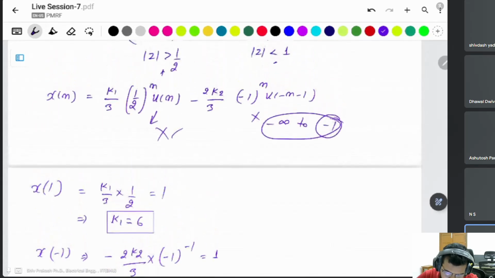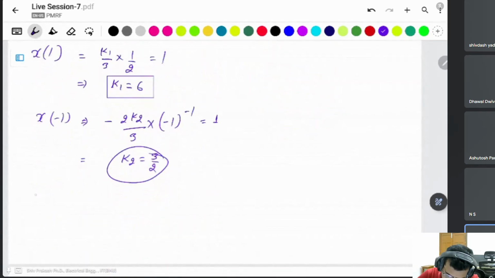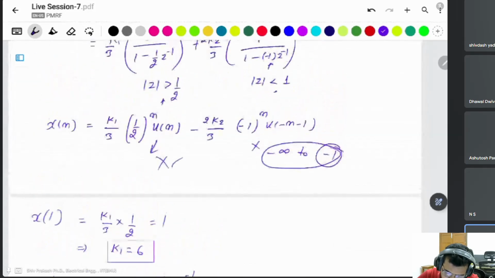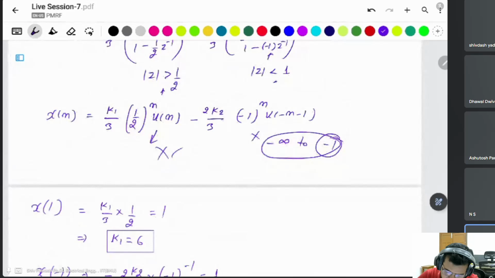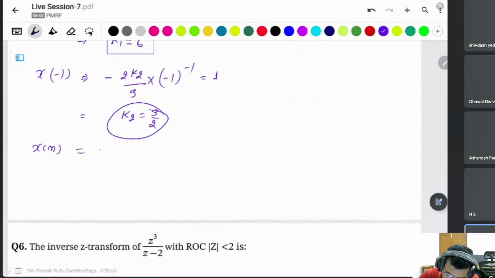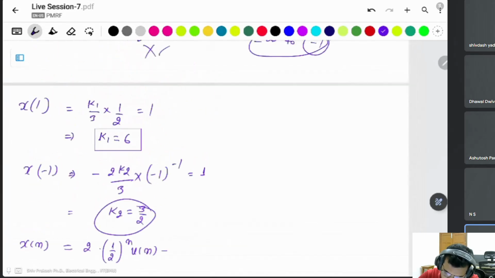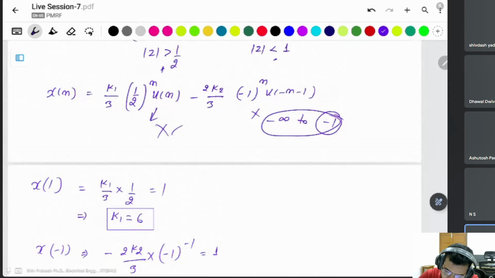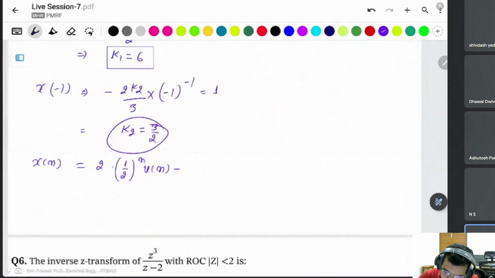Then what is the actual answer? There is k1 equal to 6. It means there is 2 into 1 by 2 to the power of n u of n, minus k2 is equal to 3 by 2. The 3 by 2 cancel out to each other, minus of minus 1 to the power of n u of minus n minus 1.